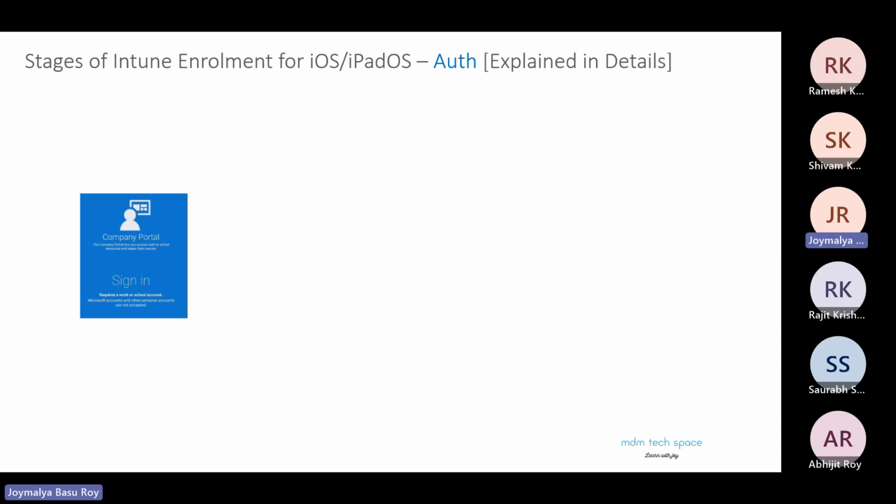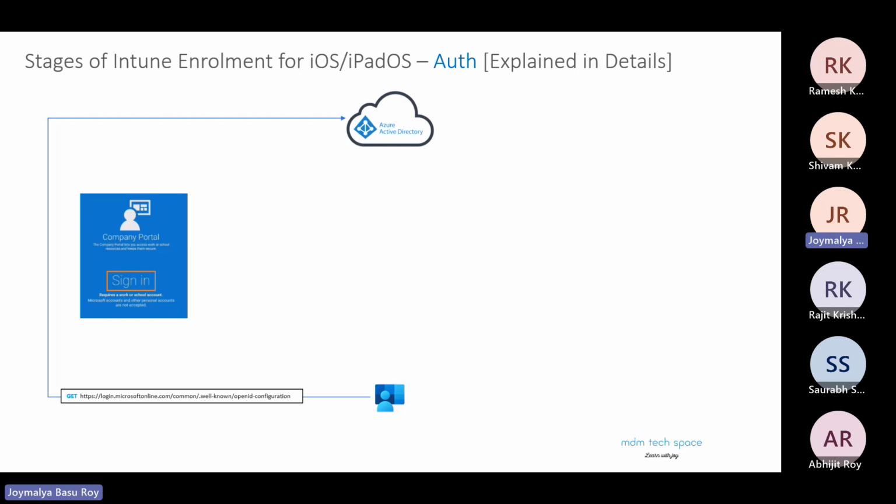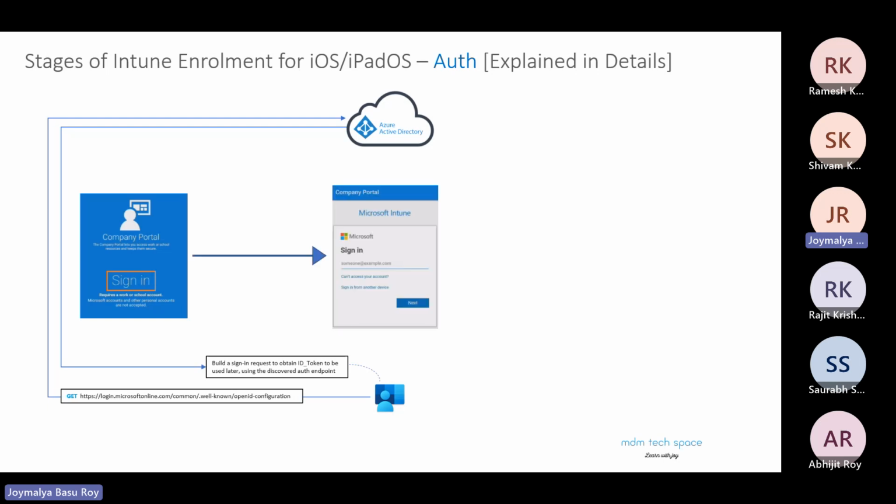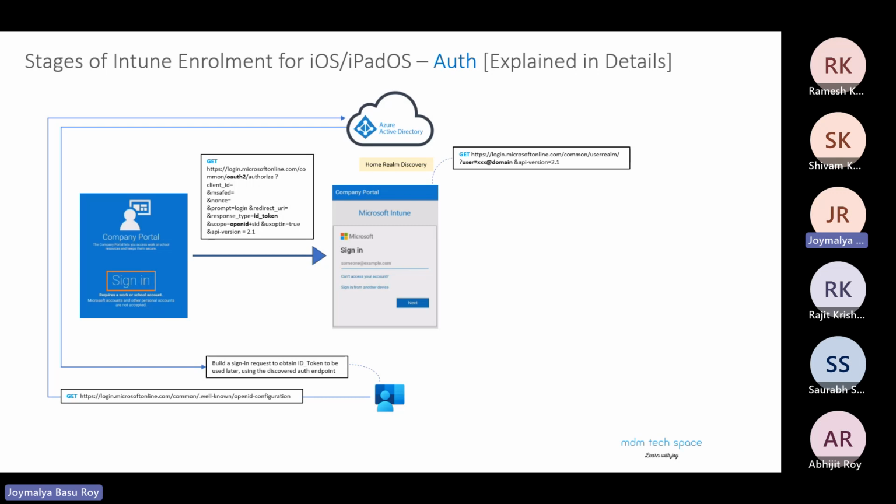When you click on sign in, it basically goes and gets the OpenID configuration of the portal. Once the OpenID configuration is retrieved is when you get the sign-in screen. This is again another GET request. When you enter the credentials, it will do the home realm discovery, as I said.